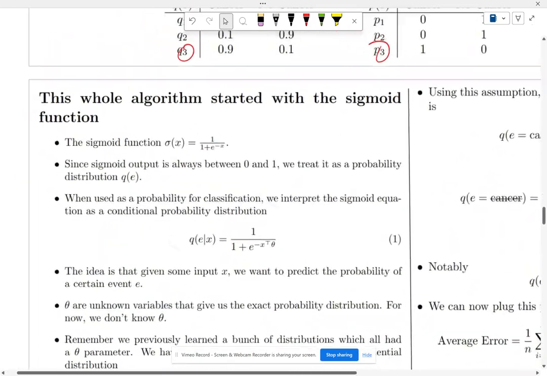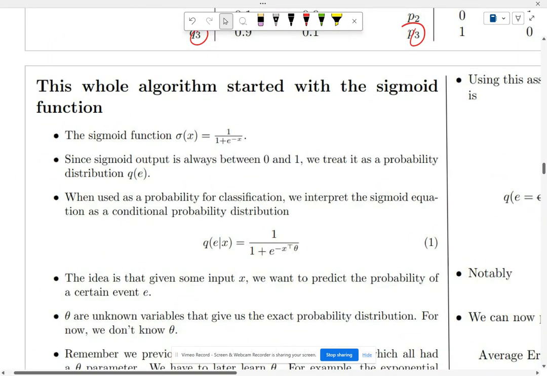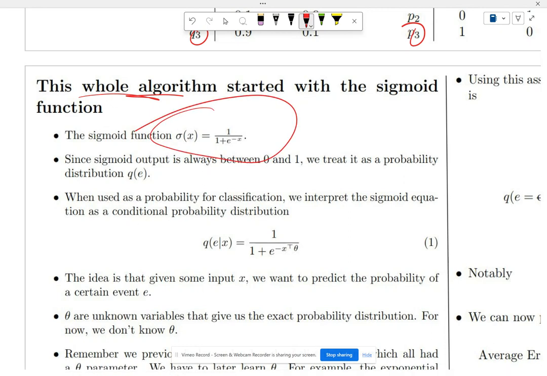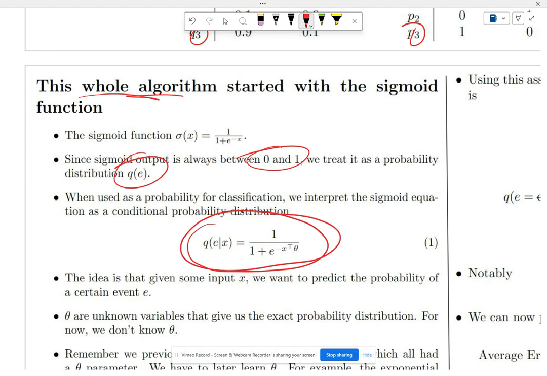The whole algorithm, now let's take a step back. Remember, the whole algorithm started when we were talking about this sigmoid function, right? The sigmoid goes like this, between 0 and 1. Since the sigmoid output is always between 0 and 1, we're treating it as a probability Q. So Q is the output of our sigmoid. Right here, Q is our probability distribution.